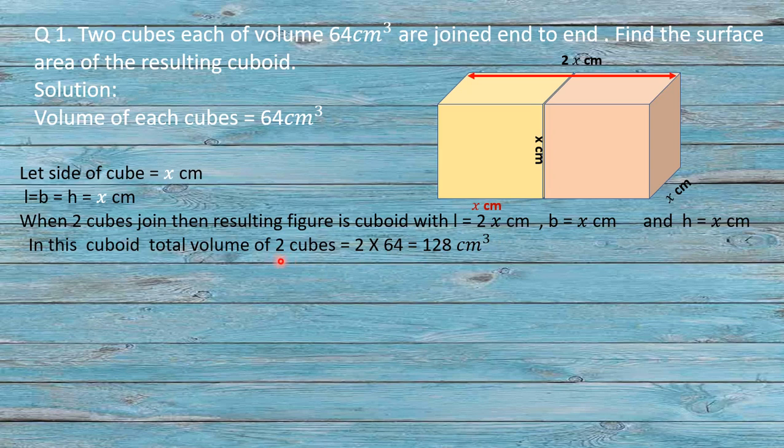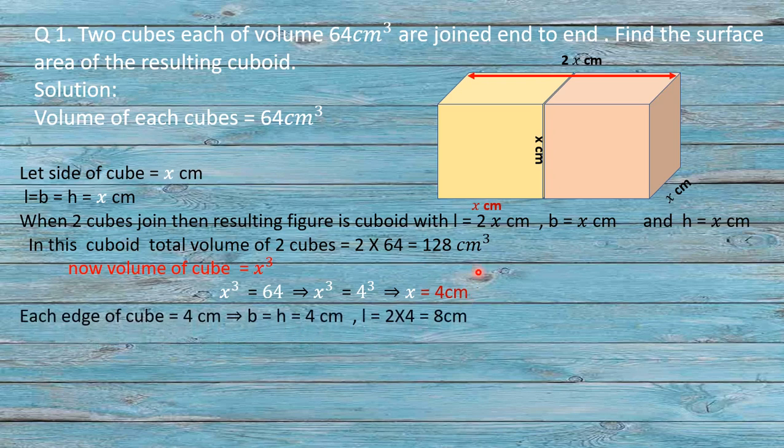Now the total volume of these two cubes is 2 into 64, 128 centimeter cube. As the volume of a cube is x cube, we have x cube equals 64, so x cube equals 4 cube, or x equals 4 centimeter. The side of the cube is 4 centimeter.